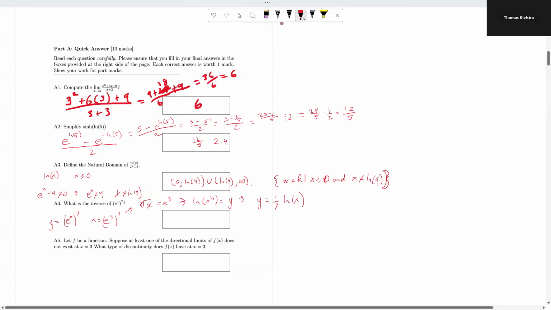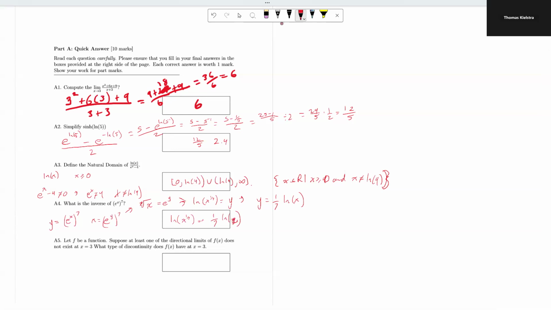Okay? Either of these are okay. So you could have ln of x to the 1/7, or you could have 1/7 ln of x. Either of those are okay.